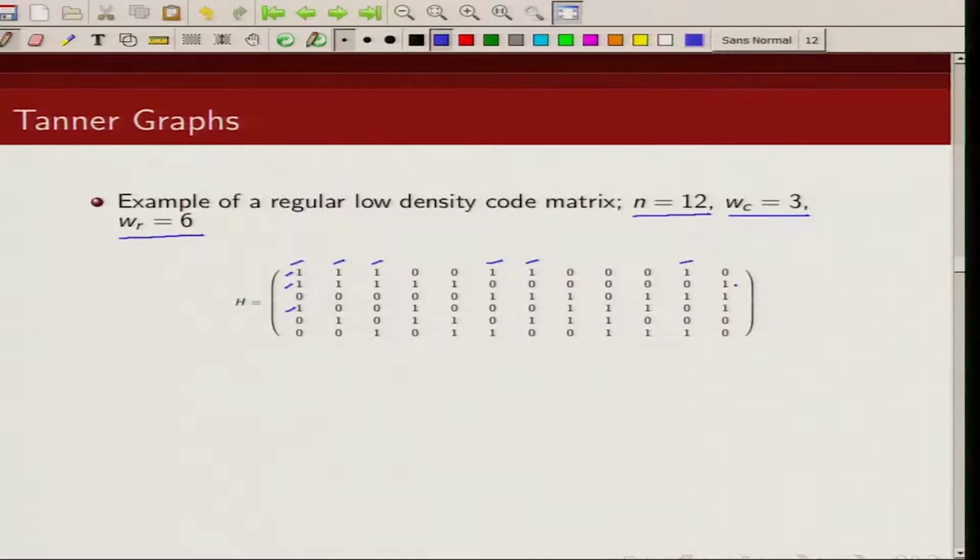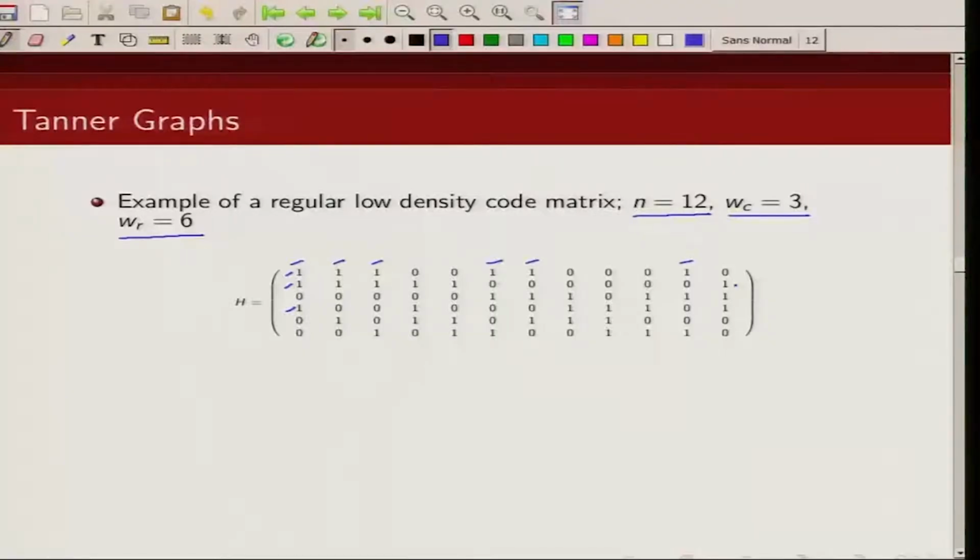Now, how do we draw the Tanner graph of this? As I said, there are two classes of nodes. One class of nodes for the variable nodes, and how many variable nodes do we have? We have 12 variable nodes. So, let us just draw 12 variable nodes: 1, 2, 3, 4, 5, 6, 7, 8, 9, 10, 11, 12. Let us just label them.